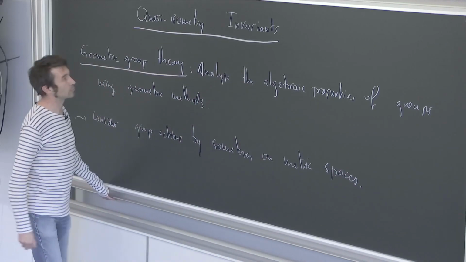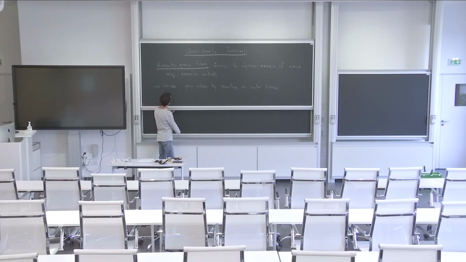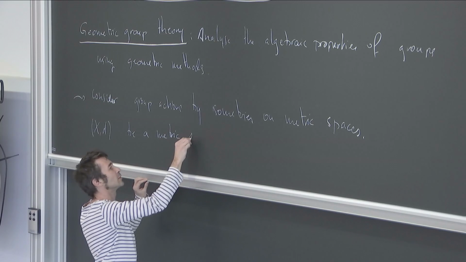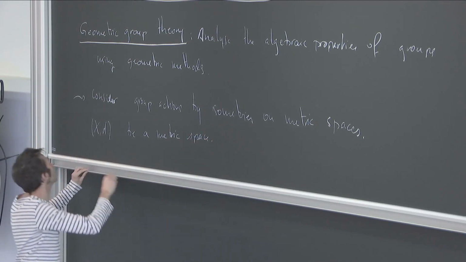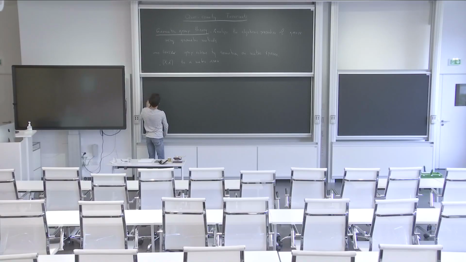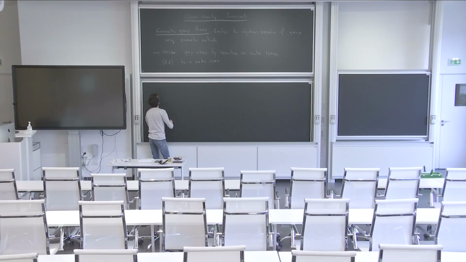Okay, so let me be a little more precise. So (X, d) will be a metric space. And we will consider the group of isometries of X.